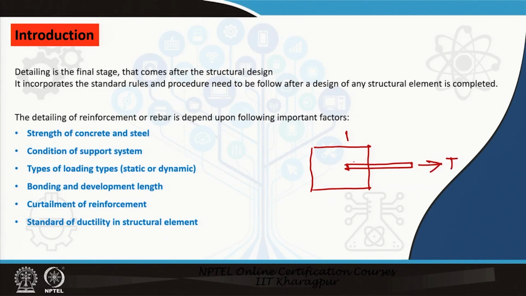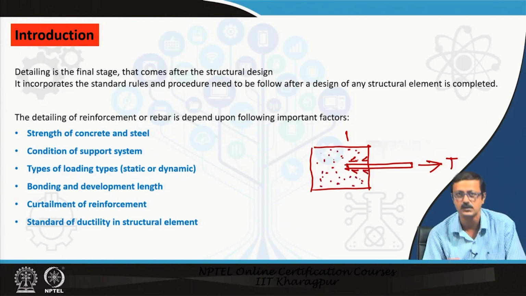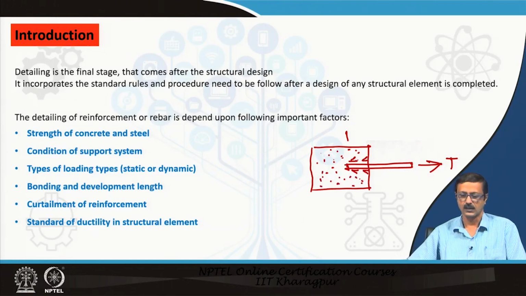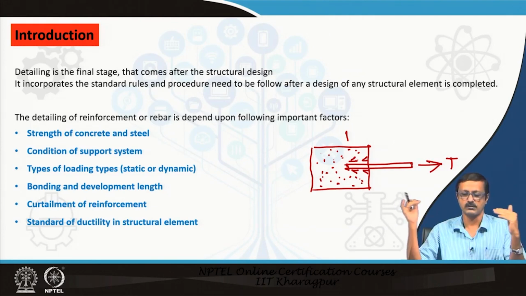So, the bonding between the concrete and the steel will try to keep the attachment between the two different materials static. The bar can take more and more tension, but if there is a problem in the bonding between the concrete and steel, then definitely the bar will come out from the concrete.